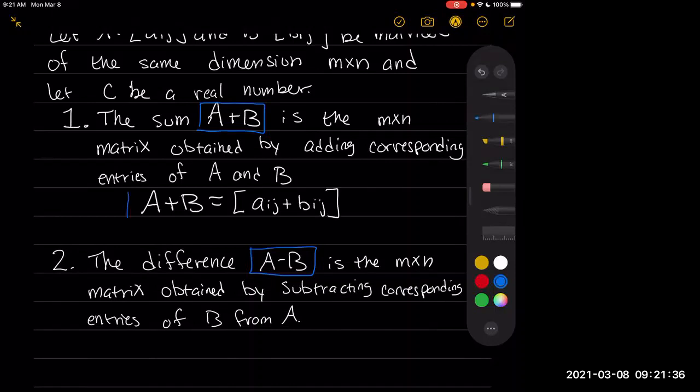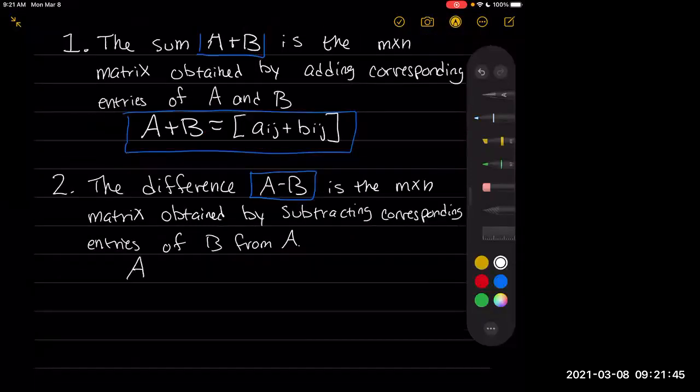Sorry that I forgot to write that. So you add term by term. And then for subtracting, the matrix A minus B is the matrix of Aij minus Bij, where you subtract term by term.